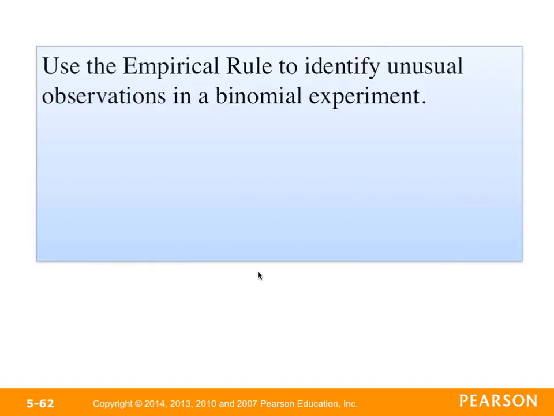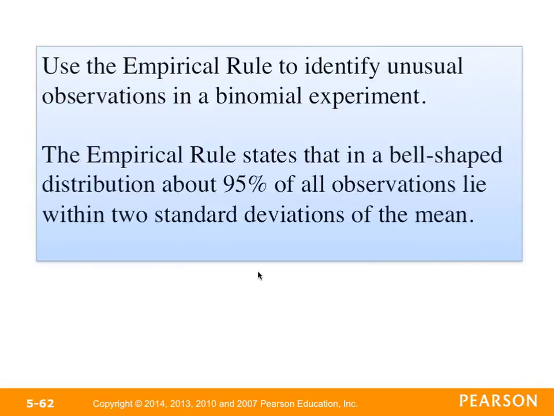And if this is true, then we can use something called our empirical rule, which I think you learned in a previous section, in order to identify unusual observations. The empirical rule states that in a bell-shaped distribution, about 95% of the observations are within 2 standard deviations of the mean.